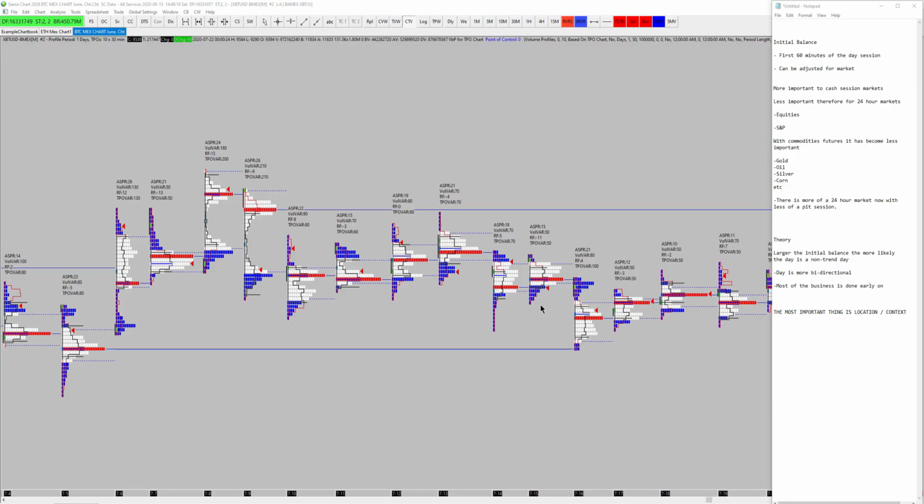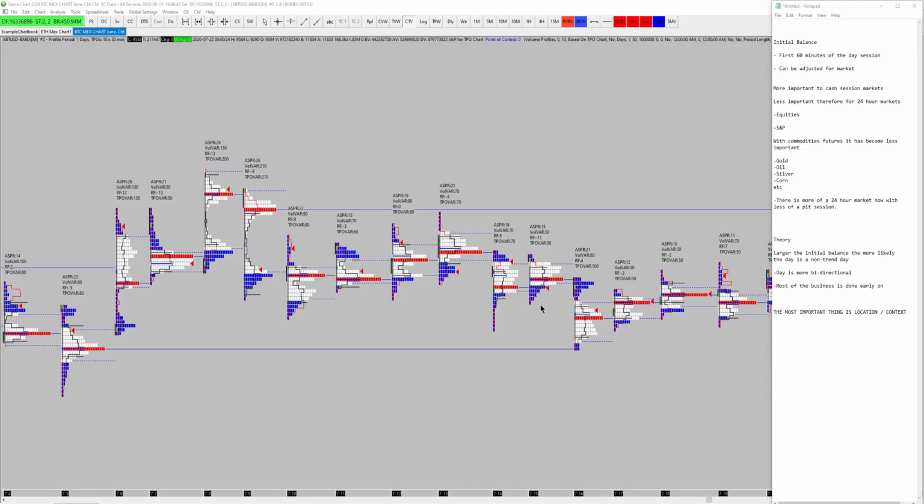So something like gold, oil, silver, corn, these have become less important because there is less of a pit session, right? If any pit session at all, okay? Now with computerized trading, markets being more around the clock, the idea of the initial balance is sort of lost merit or lost value.